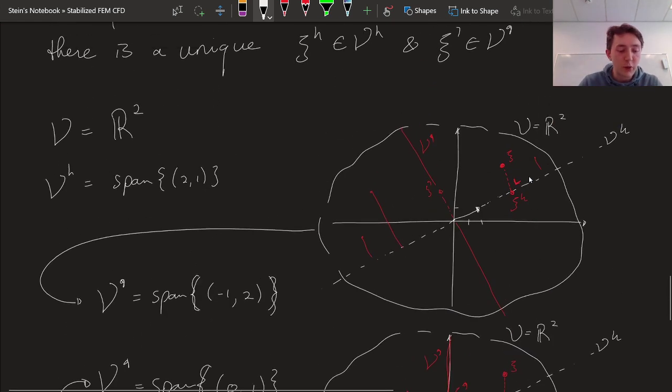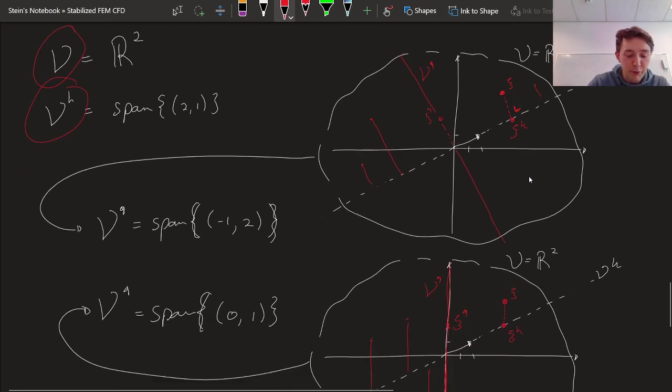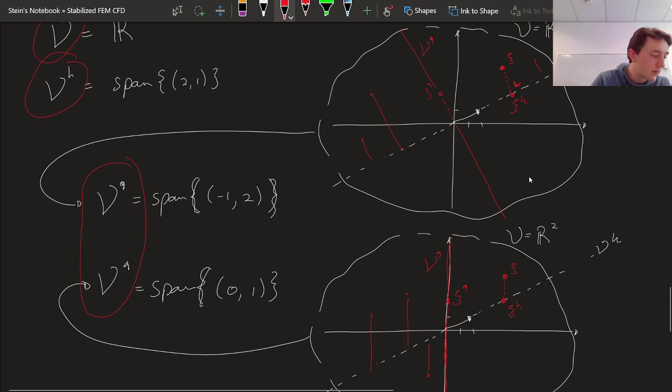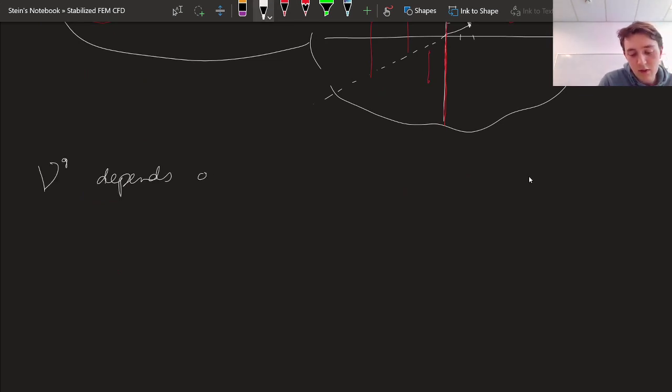Even though the original space V is fixed, and even though VH is fixed, V prime remains flexible. It depends on the way that we define our coarse scales for any given original point. So V prime depends on our choice of map from psi to psi h.